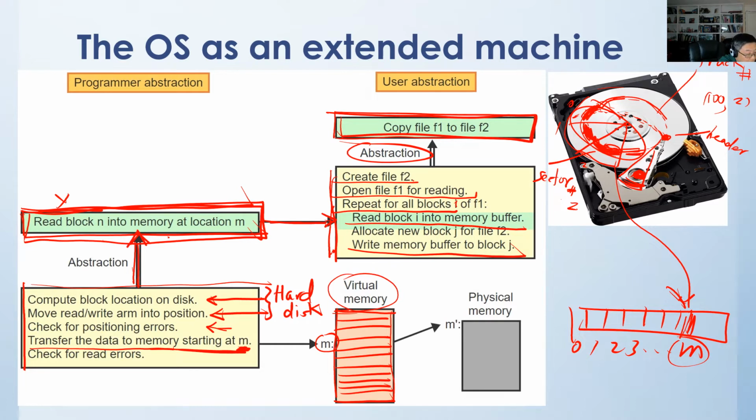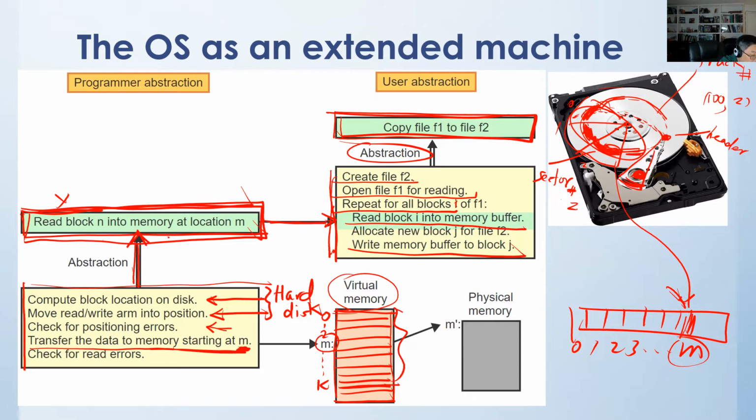So maybe you can say, transfer the data to virtual memory starting at M is 0, so you transfer from 0, 1, 2, all the way to whatever, K, for example. Okay, now that's a virtual memory.